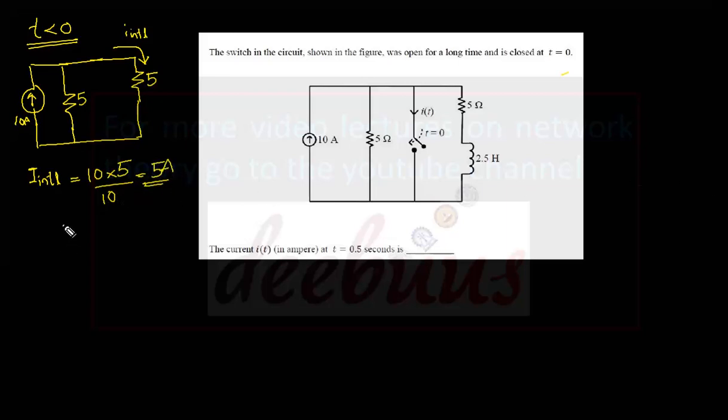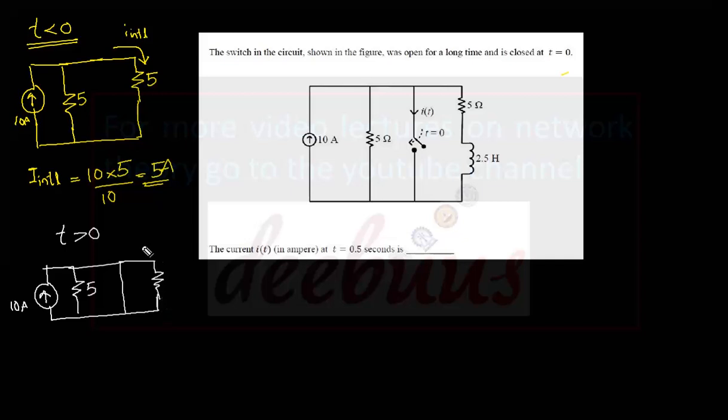Now we can draw the steady state circuit for t greater than 0. Again, as steady state is attained, the inductor behaves as a short circuit for t tending to infinity. So 10 ampere, next 5 ohm. Now the switch is closed, so a short circuit, and again another 5 ohm, and the inductor path.